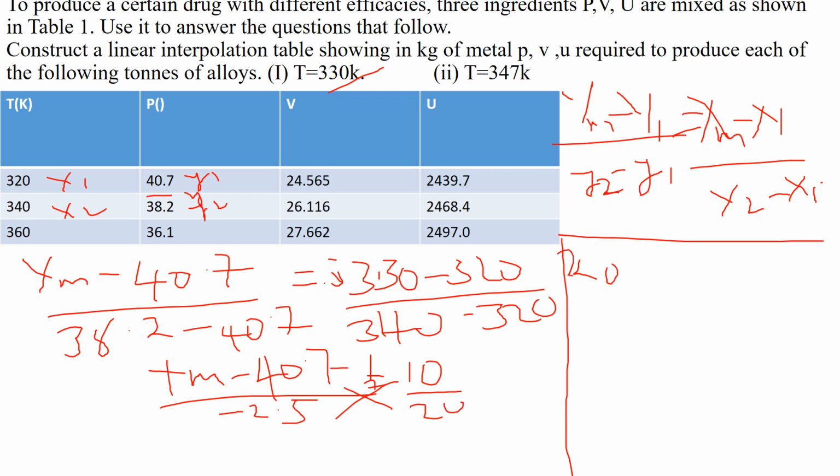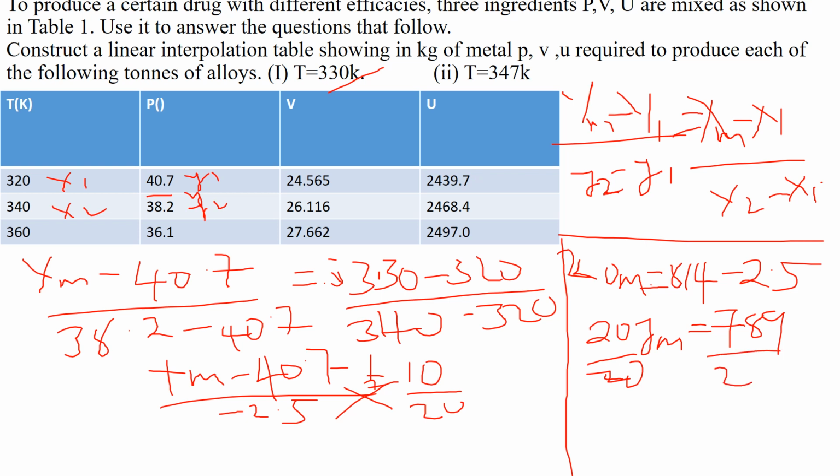So 20 ym is equal to 814 minus 2.5, and this gives me 20 ym is equivalent to 789.